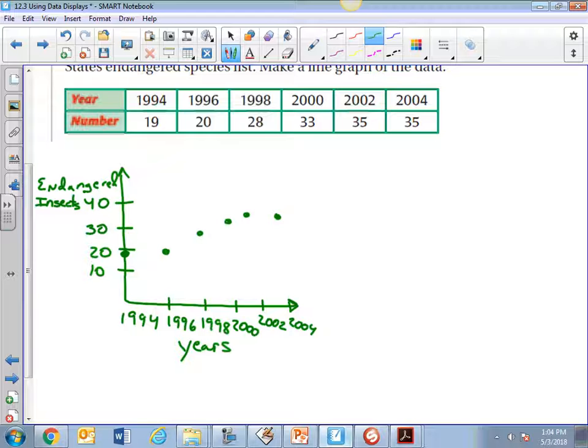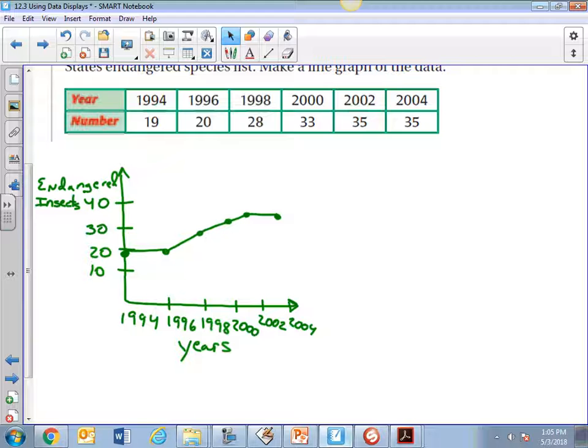Okay, so from there, just connect the dots using line segments, okay? And then that's how you represent a line graph, all right? It's pretty darn easy. Just drawing the line segments and then putting them together, okay? Any questions on that?